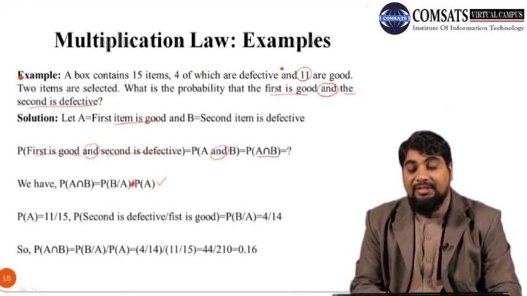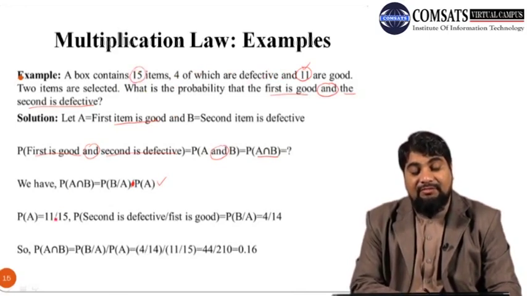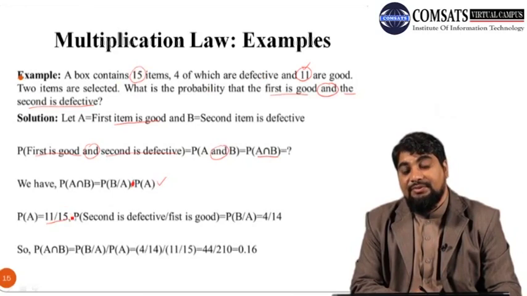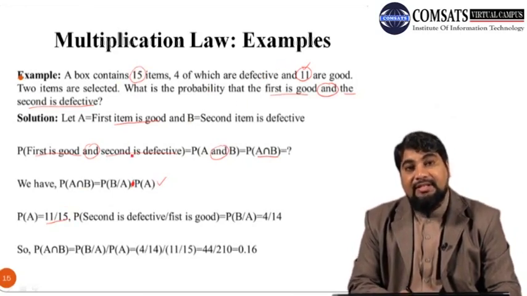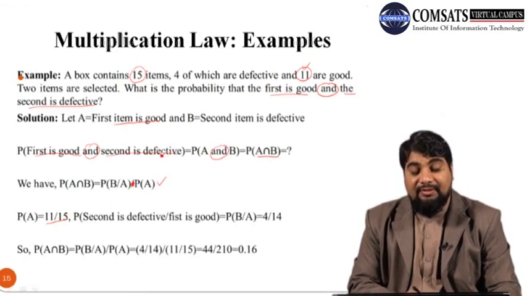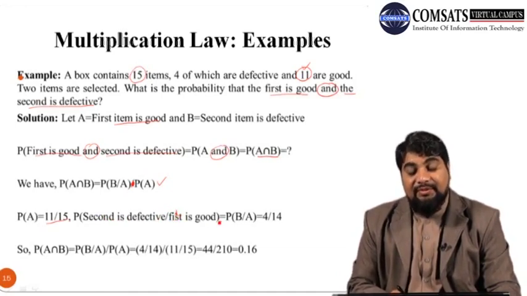So the number of sample points in A is 11, and the total number of sample points is 15. So P of A is 11 out of 15. And now the question is, second one is defective. So the probability of second is defective given that first one is good. So it means B given A.